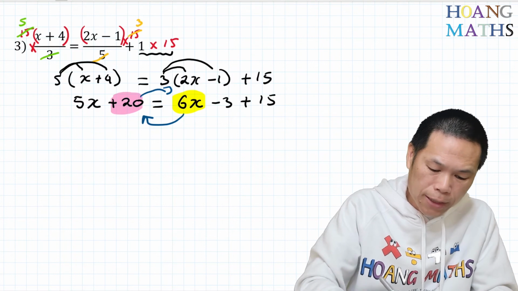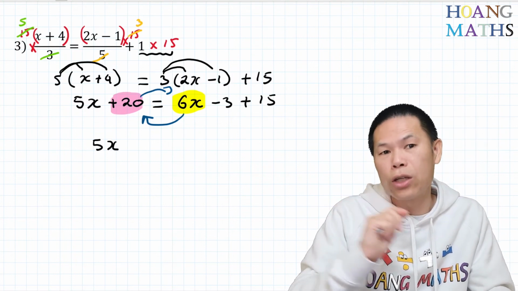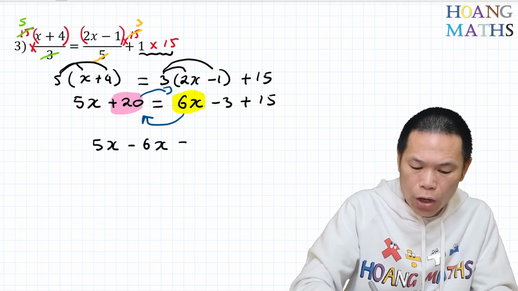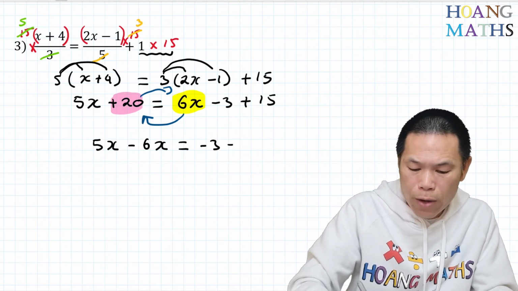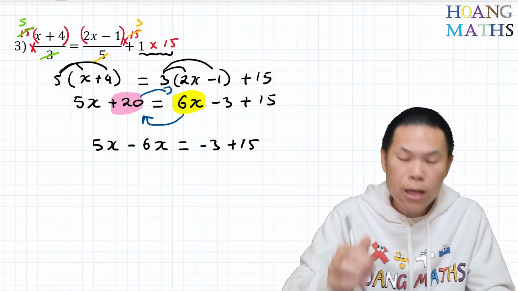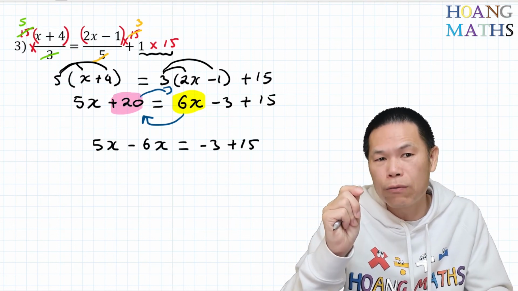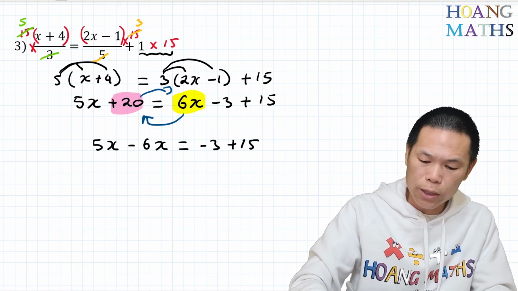So on the left hand side, we only have 5x. But then we move the 6x on this side, becomes minus 6x. Don't forget, okay? And on the right hand side, we have minus 3 or negative 3. We add 15. However, we move the 20 on that side as well. So it becomes negative 20. Because plus 20, move on that side becomes minus 20.